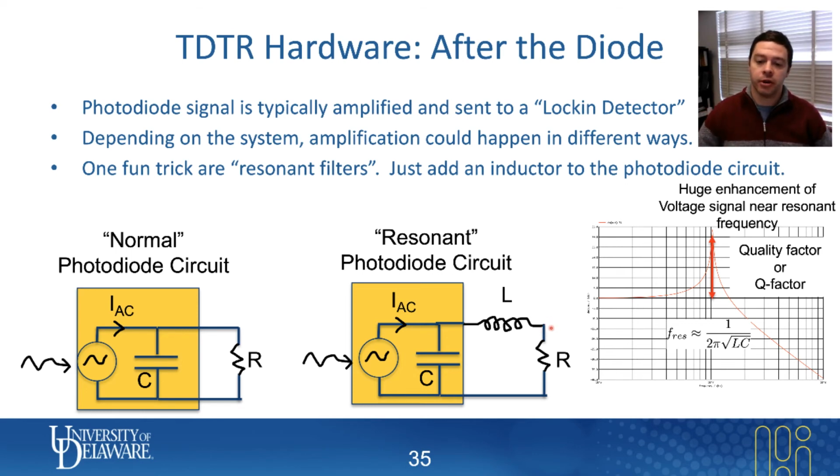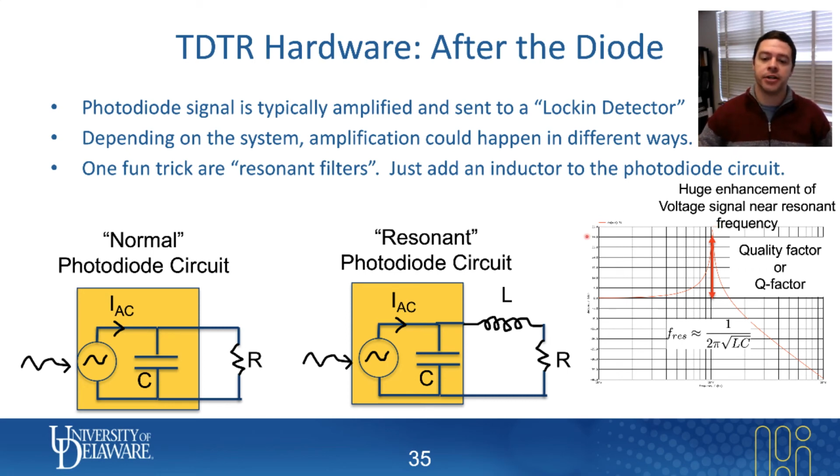But you get a very large voltage output for a relatively small current that is being put through at the junctions of this capacitance. And so just by adding a small inductance, you can cause the voltage to increase. Typically, if you're designing a TDTR system that uses an electro-optic modulator that operates around 10 megahertz, the 10 megahertz is chosen to be a high speed.